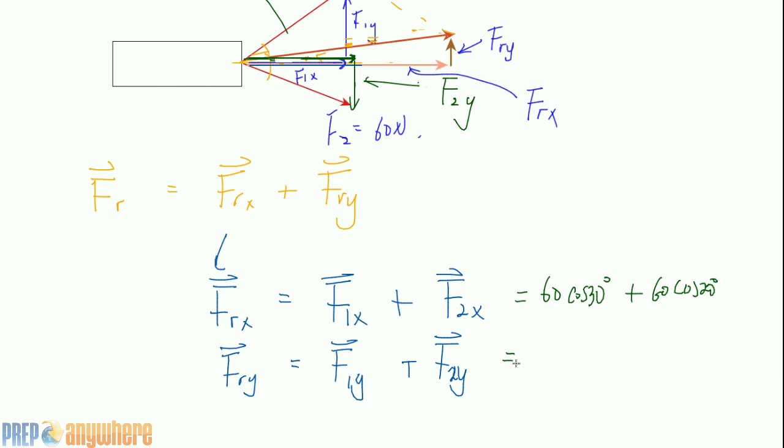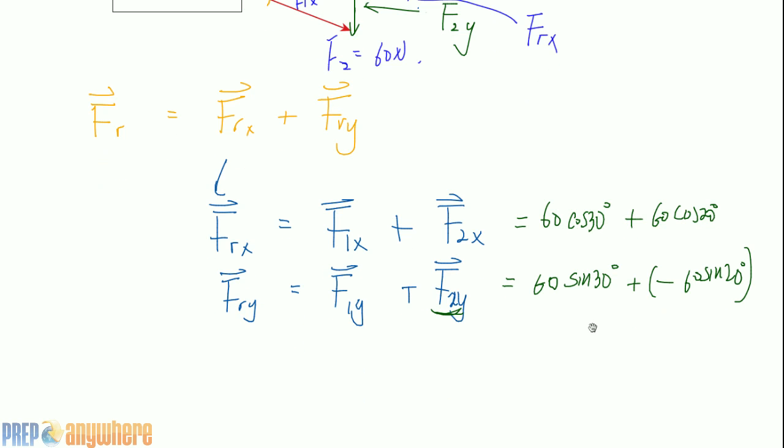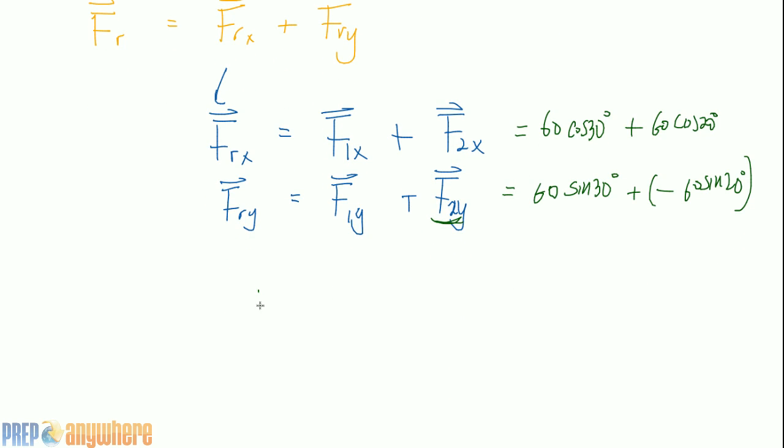Here it's going to be 60 sine of 30, but it's going to be minus, because this is going in the opposite direction, minus 60 sine of 20. Make sense?